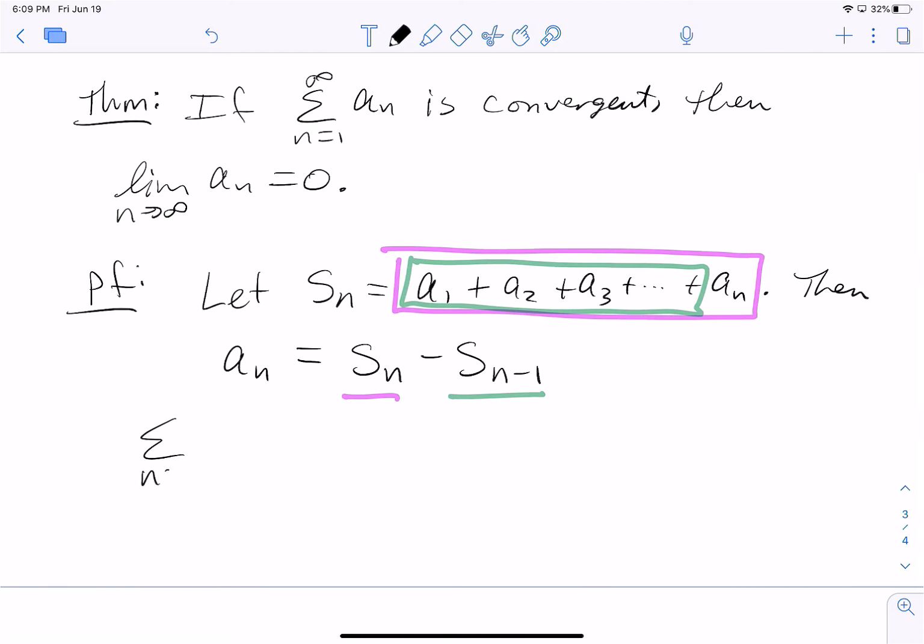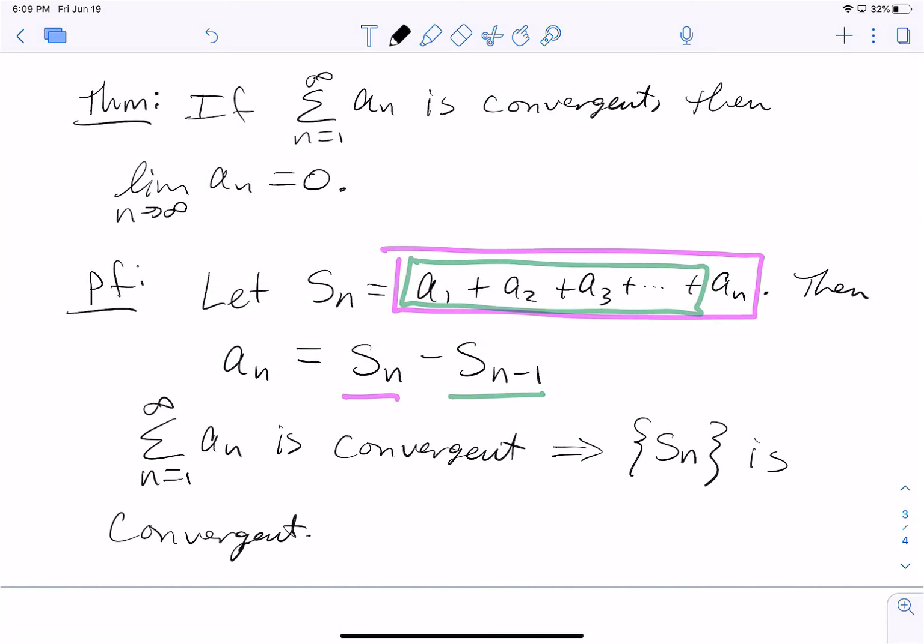Saying that the sum as n goes from 1 to infinity of a sub n is convergent implies that the sequence of partial sums s sub n is convergent, which means it has a limit, and we're going to say let the limit as n approaches infinity of s sub n equal s.